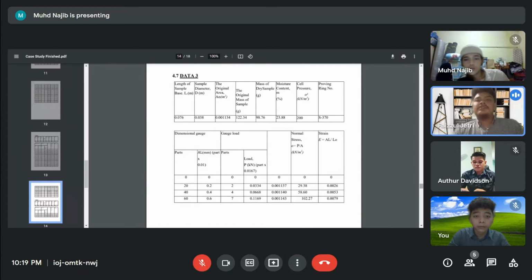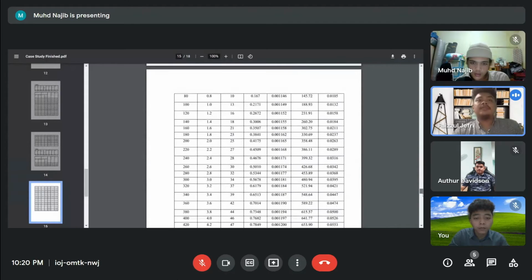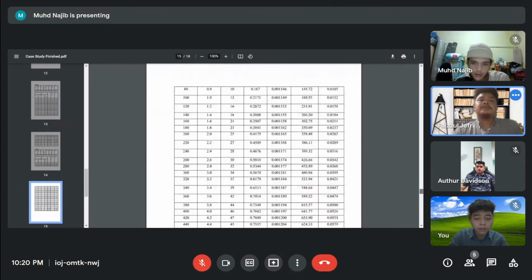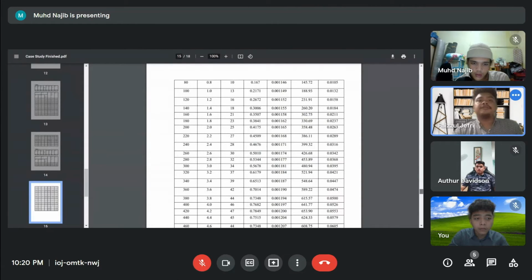Mass of dry sample is 98.76 gram. The moisture content is 23.88%. And then the cell pressure in kilonewton per meter square is 200. The proving ring number is the same as 370. So we have the same deformation gauge, load, normal stress, strain, load, and so on.